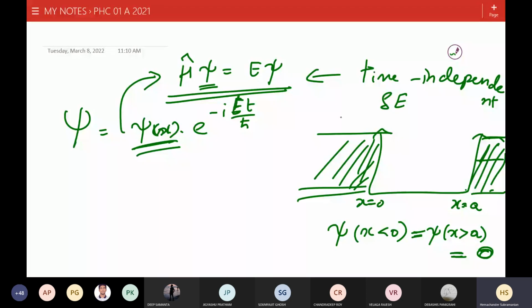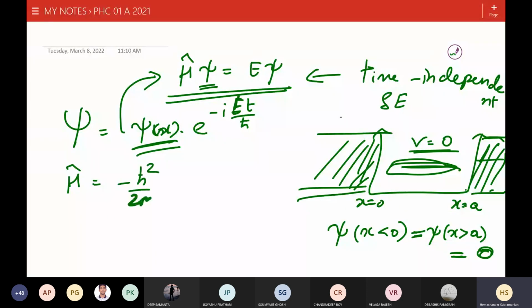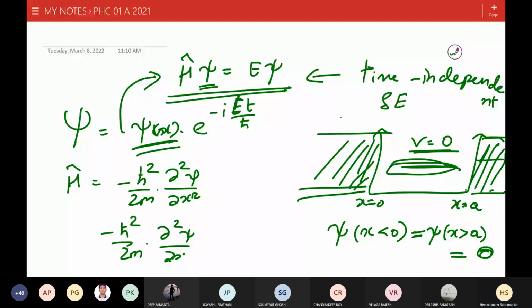So your particle is somewhere in the middle, where V is 0. You're assuming the potential is 0, so your H boils down to minus h bar squared over 2m dou squared psi by dou x squared. That's it, because V is 0. So H psi is minus h bar squared over 2m dou squared psi by dou x squared equals E psi.